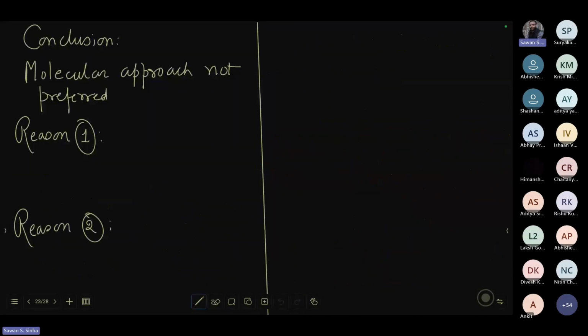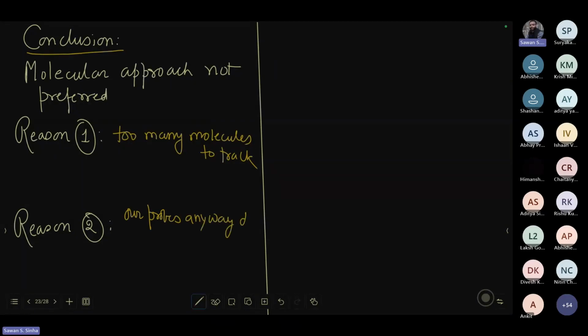Okay. So my conclusion as far as the molecular approach is concerned is that it is not preferred. Number one, too many molecules to track. And the second reason is our probes anyway do not interact with individual molecules.